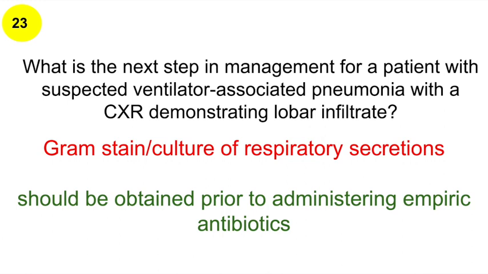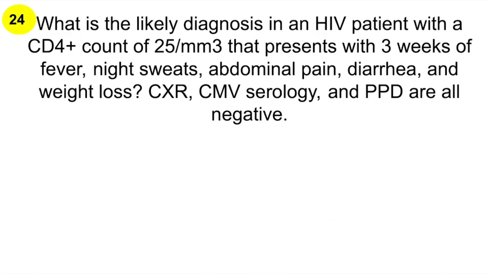What is the likely diagnosis in an HIV patient with a CD4 count of 25 that presents with 3 weeks of fever, night sweats, abdominal pain, diarrhea, and weight loss? Chest x ray, CMV serology, and PPD are all negative.